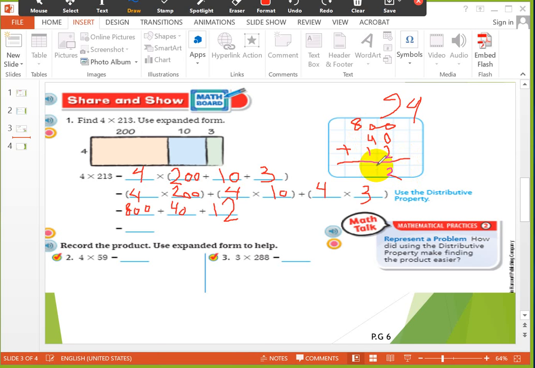So this is 5. There is no hundreds right here. So what I have to do, I have to write 8. Okay? Only 8. So what is the final answer?